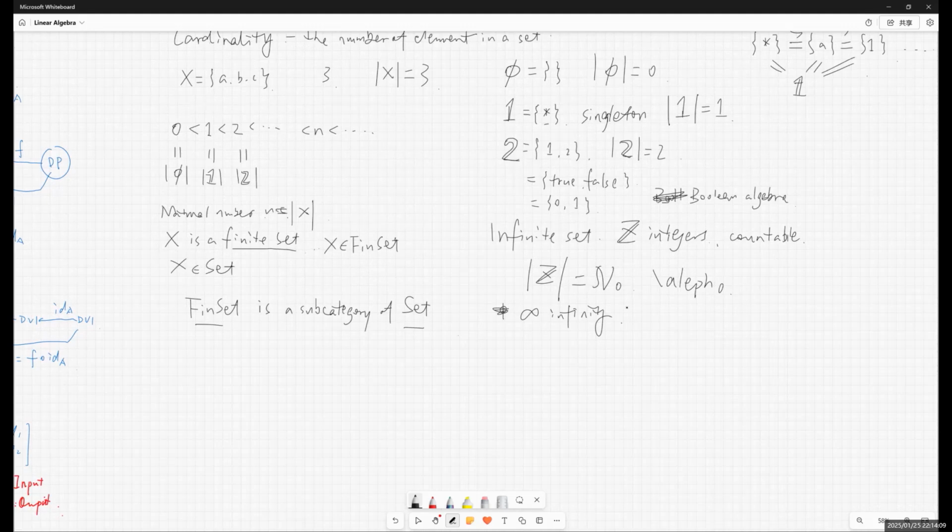So that cardinality is Aleph 0. And we also have uncountable infinite sets, like the set of real numbers or an interval of the real numbers (0, 1).